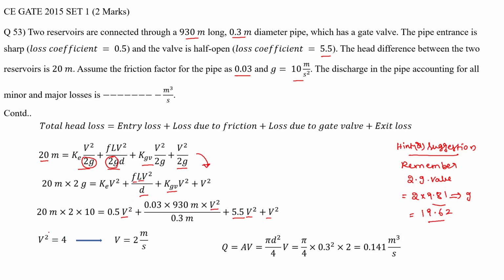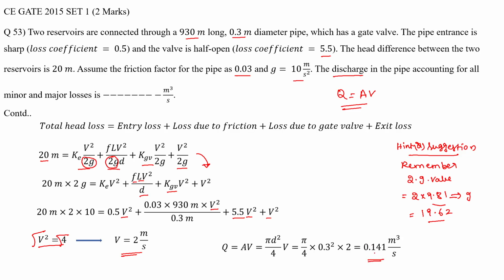After doing that, we get V square equal to 4. By taking the square root on both sides, we get V as 2 meter per second. But that is not our interest. Our interest is to compute the discharge, which is Q equal to A into V. Since it is a circular pipe, the area is pi d square by 4, and we know the velocity, so Q is pi by 4 into 0.3 square into 2.